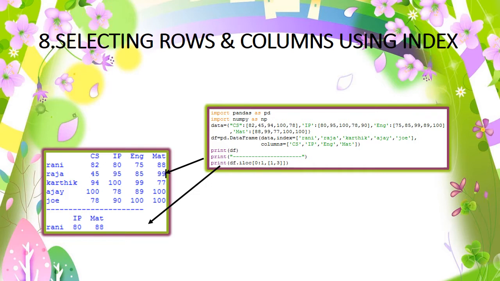In the 0th row, we are going to access 1 comma 3, that is the first, and comma 3 means the third column. First and third column, that is enclosed by square brackets. So the first column IP and the third column max value is accessed for the Rani row.